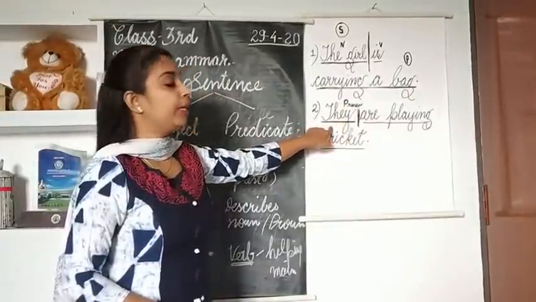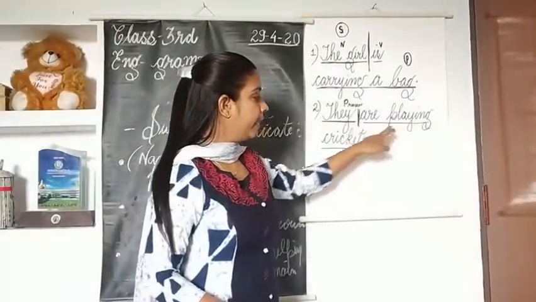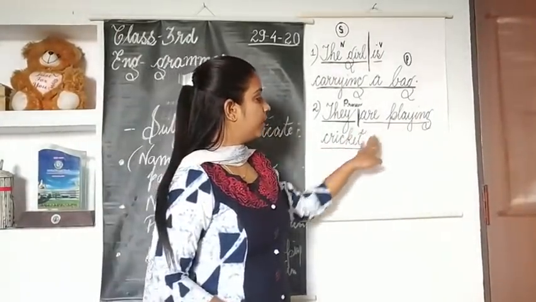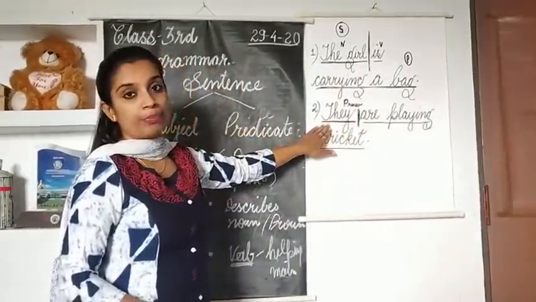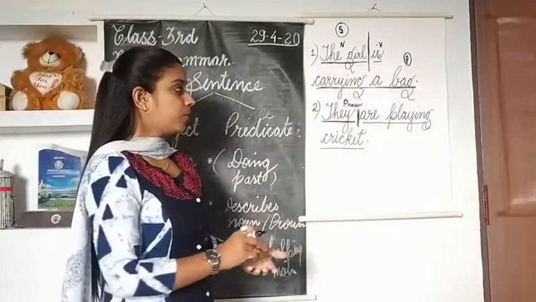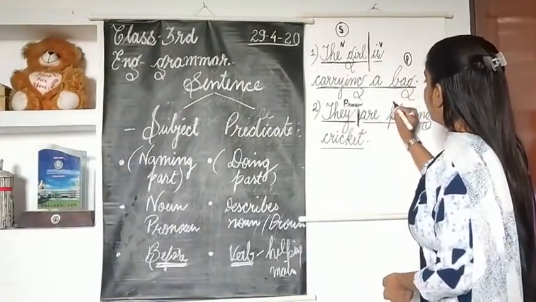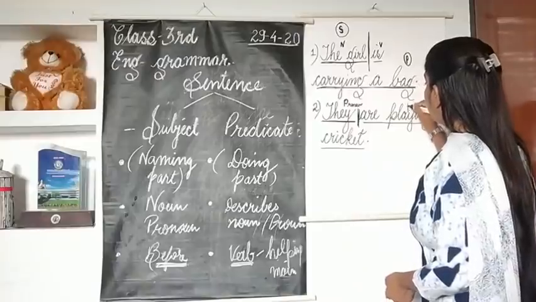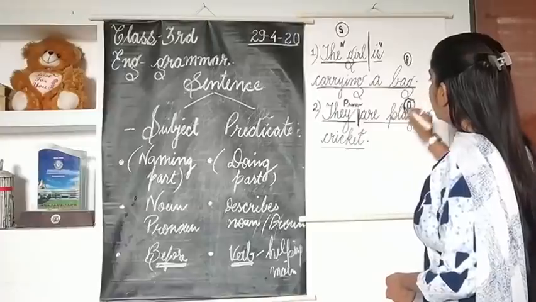What are they doing? Are playing cricket. So this part of the sentence is describing something about they, which is a pronoun here. So are playing cricket is the predicate part in this sentence.